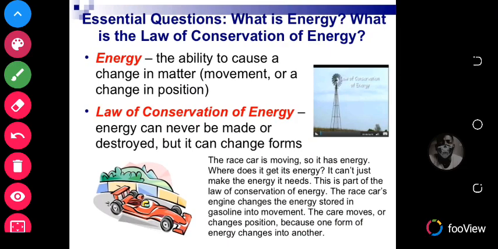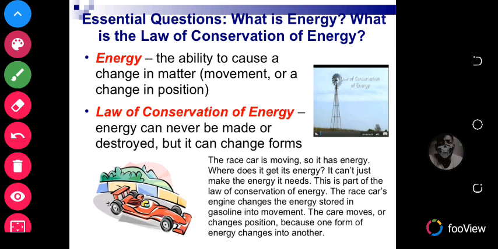Like I said, what is energy? Energy is the ability to cause a change in matter or the ability to do work. So, energy involves movement or change in position. And there are certain laws in science.